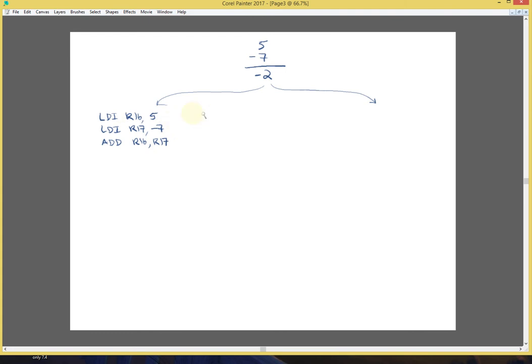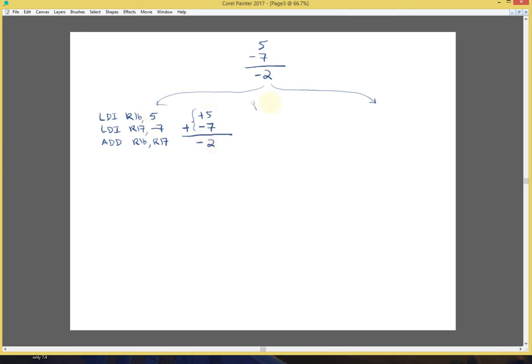The interpretation is that you're storing 5, storing -7, then adding these two, and the answer we expect should be -2, period.